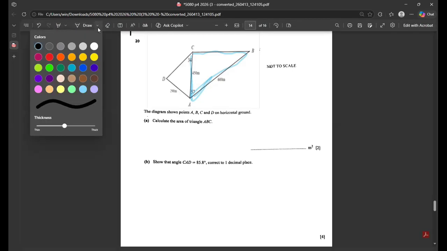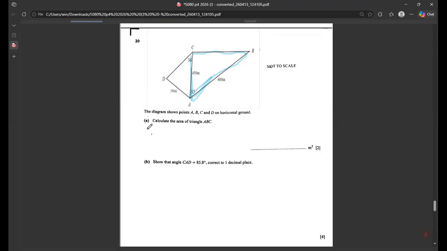So we're going to use the sine rule: half multiplying by 450 multiplying by 600 multiplying by sine 57.